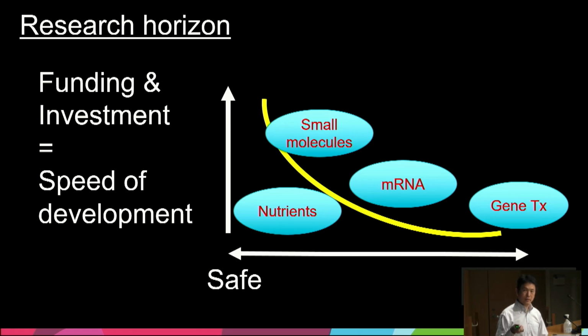More funding and investment means speed of development. So if it's safe, they get more funding and get developed faster. But if it's not so safe, they get less funding and it takes time to develop. And for nutrients, they cannot be patented so well, so they do not get so much funding. So it's safe, but it's not funded so well.